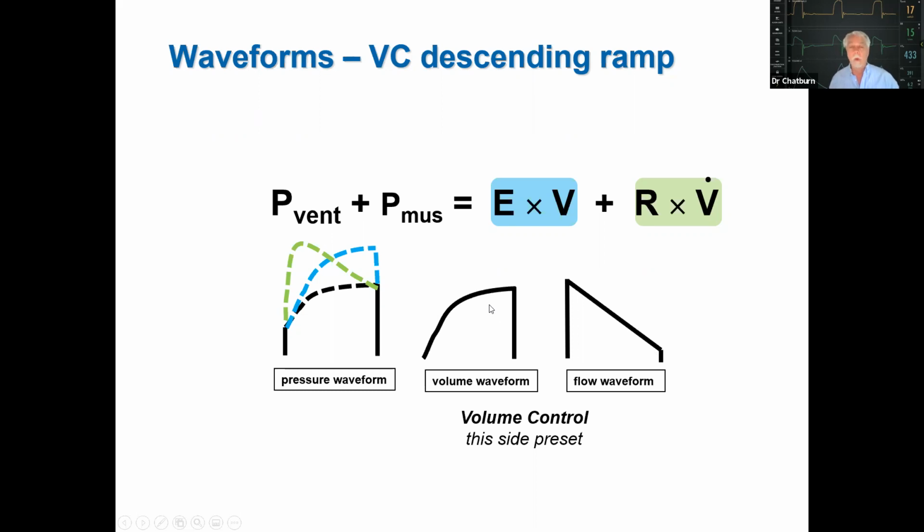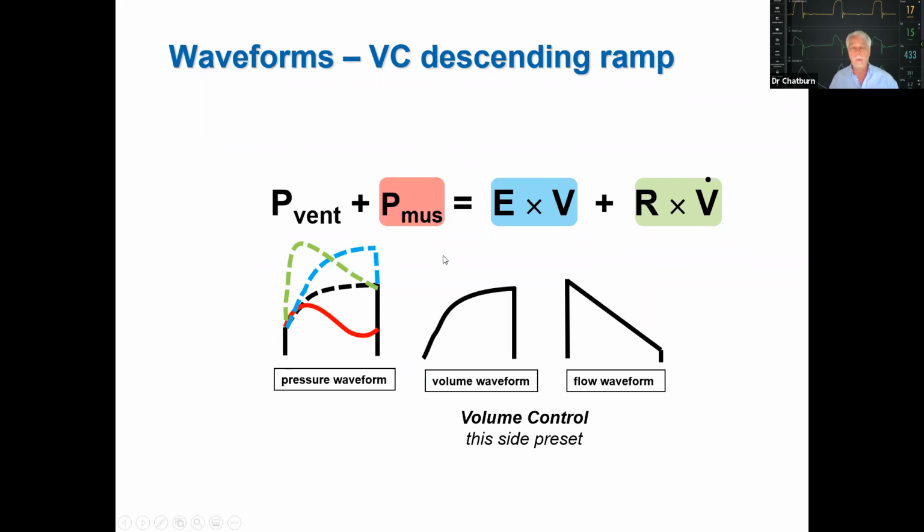Again, not sure why we do that, but it is possible. And once again, if there is muscle pressure, any increase in muscle pressure will cause a decrease or scooping out of the airway pressure, simply because this side of the equation is constant. And in order for this side of the equation to be constant, if this goes up, that has to go down.